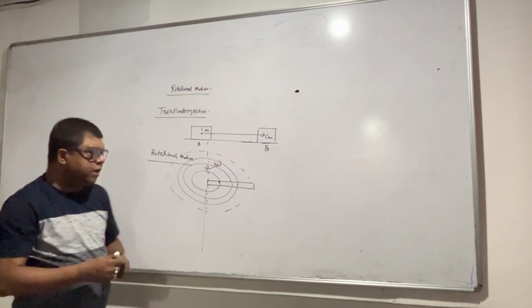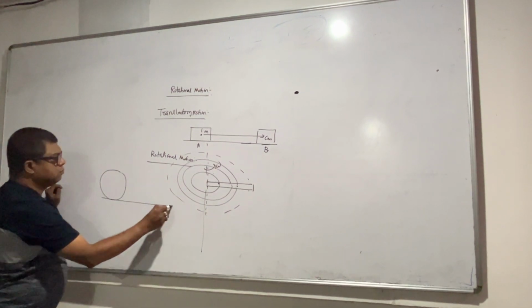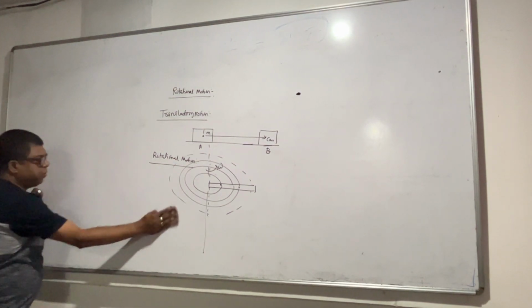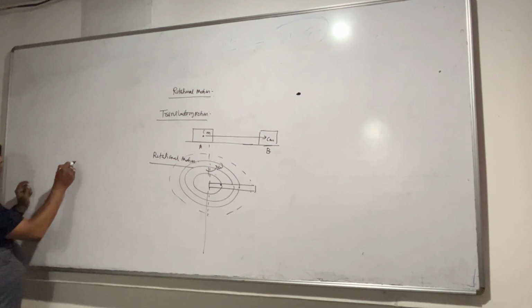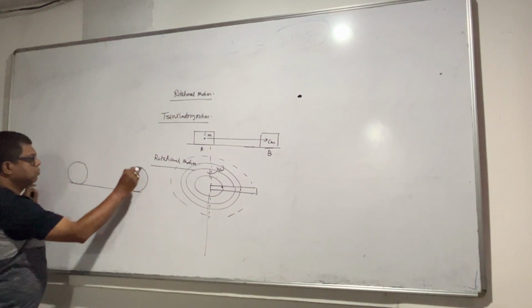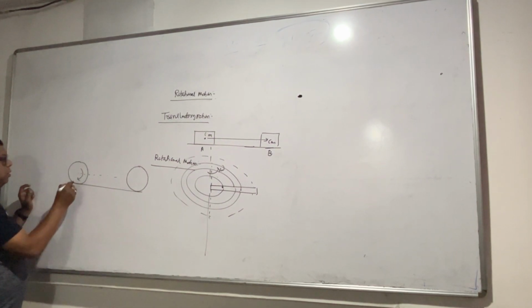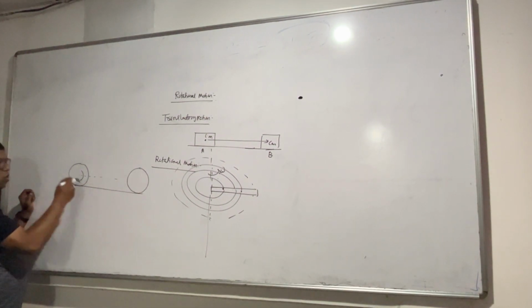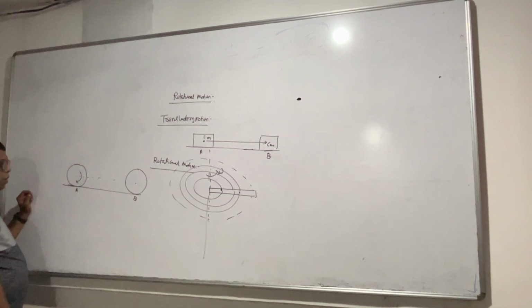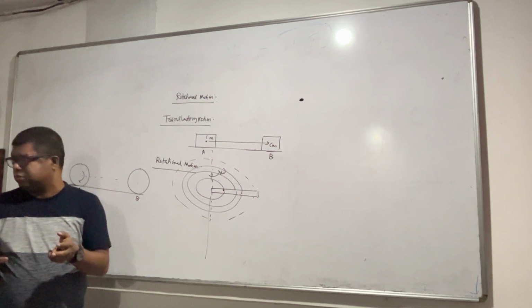And this is the combined motion. Suppose this is a spherical body. When the spherical body rolls from position A to position B, this is the example of both combined translational and rotational motions.